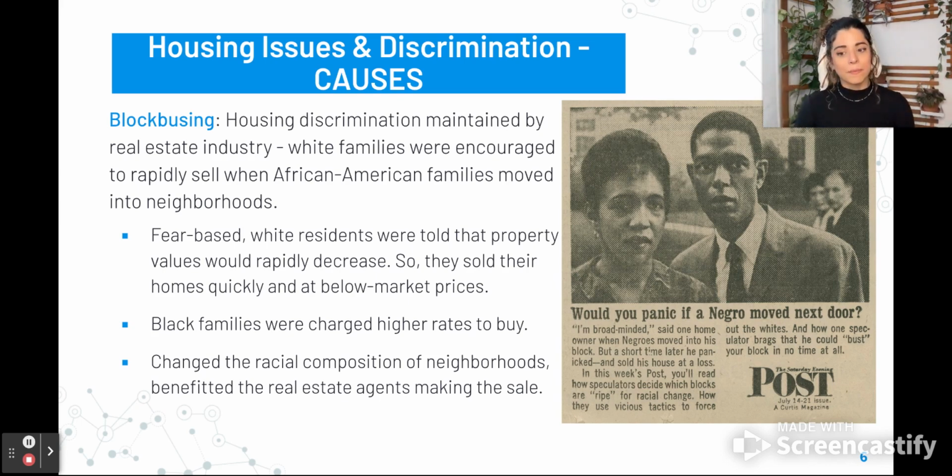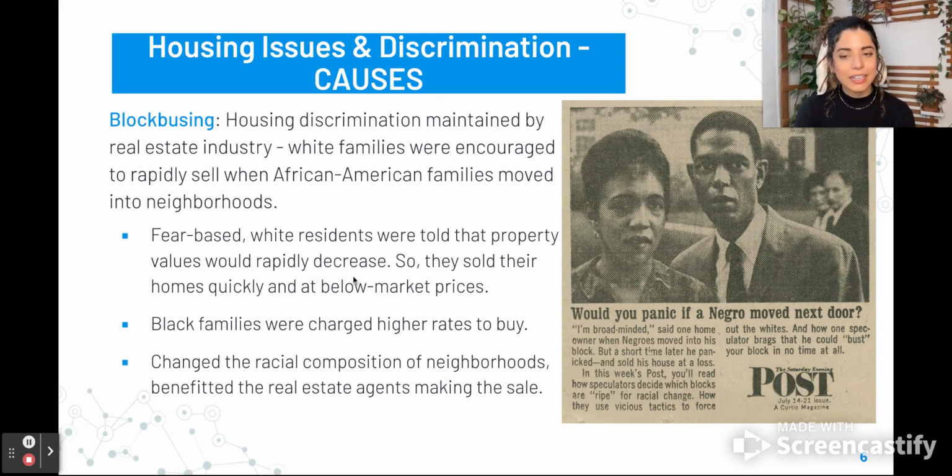So once people of color would start to move into that area, then the others would flee, right? So this was usually fear-based. White residents were also told that property values would quickly decrease because people of color were moving into the area, and then they would quickly sell their homes below market price, and it would perpetuate that issue. So it was almost like a self-fulfilling prophecy in some ways.